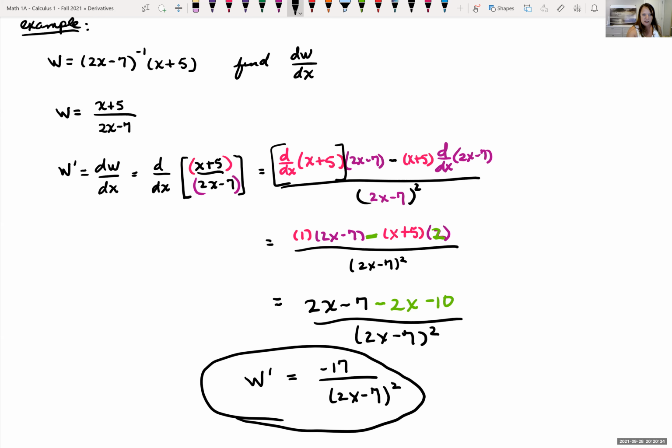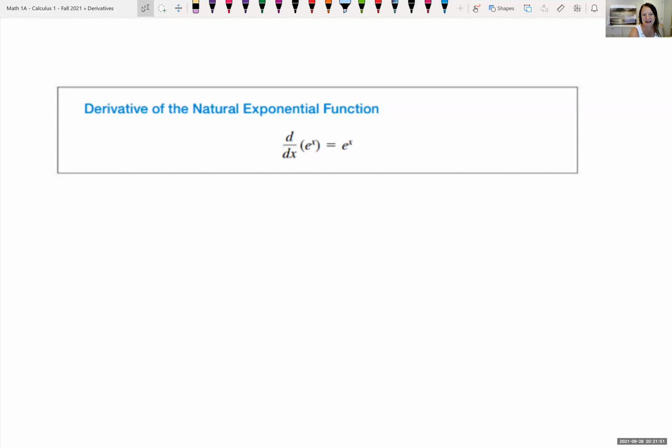Let's see if there's any questions, and if not, then we'll look at the easiest thing to ever take the derivative of, which is the function e to the x. Okay, so we've been looking at the rules. I just said that this was going to be the easiest one. So the derivative of e to the x, it's just e to the x.